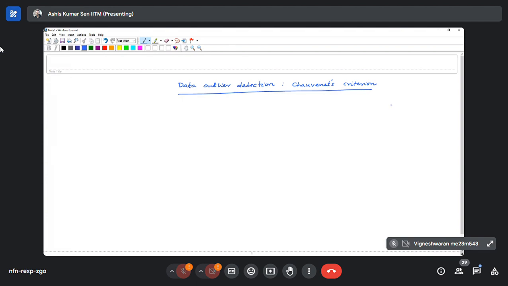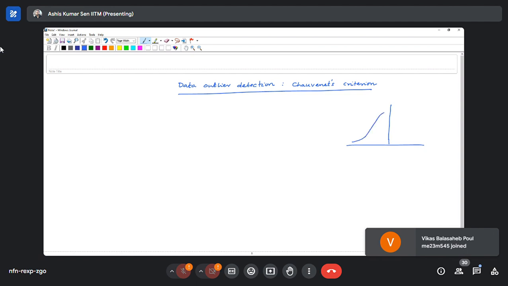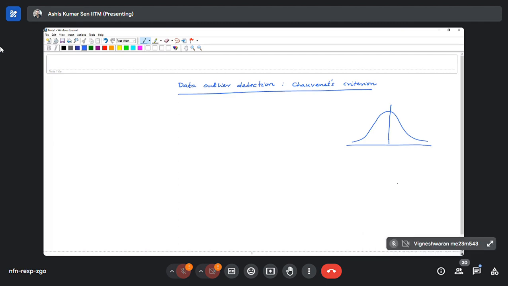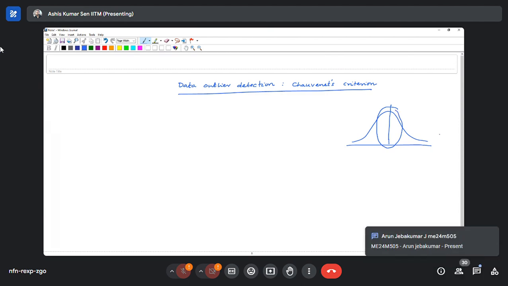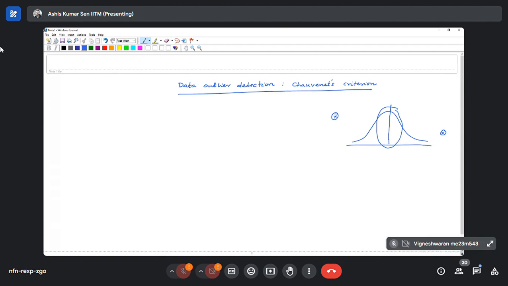That means if you take 20, 100 measurements, most of the data tend to follow the central tendency. That means the normal distribution curve, which says that most of the data is going to fall around the mean value, right? But there will be some data points which are going to fall maybe far away from this data set.